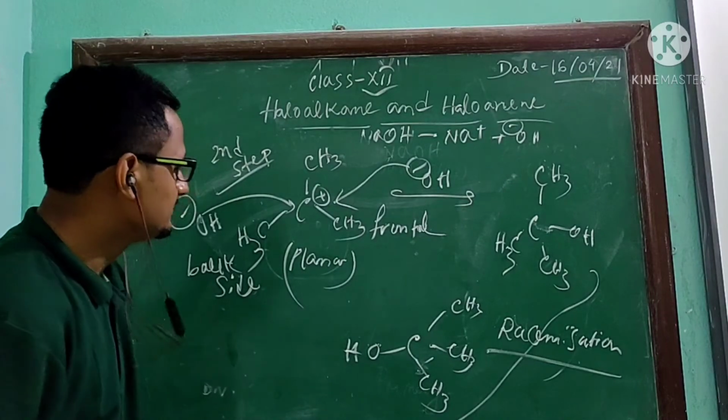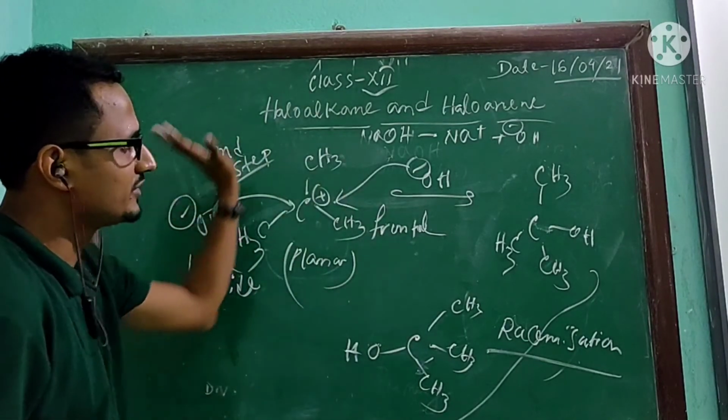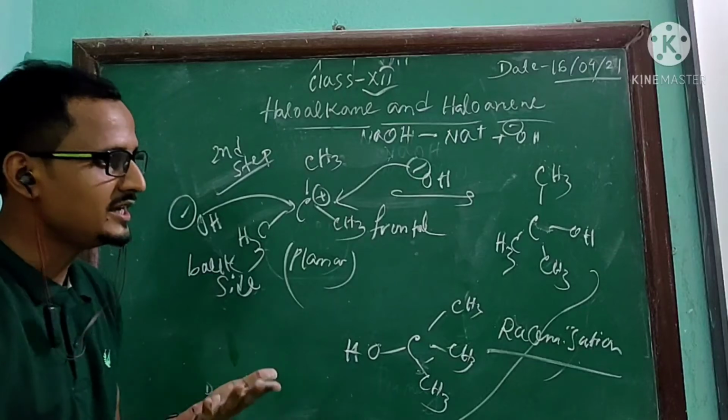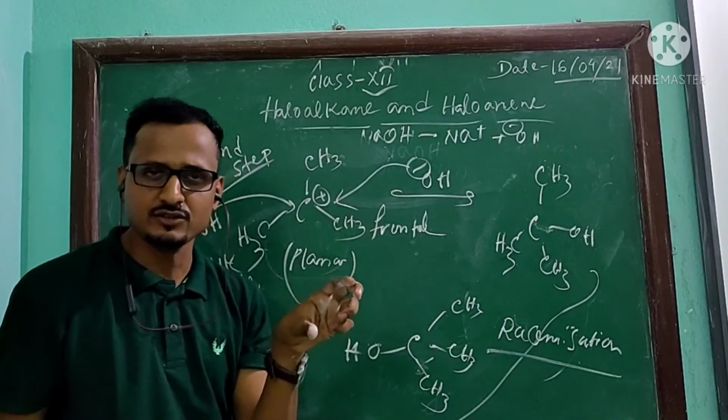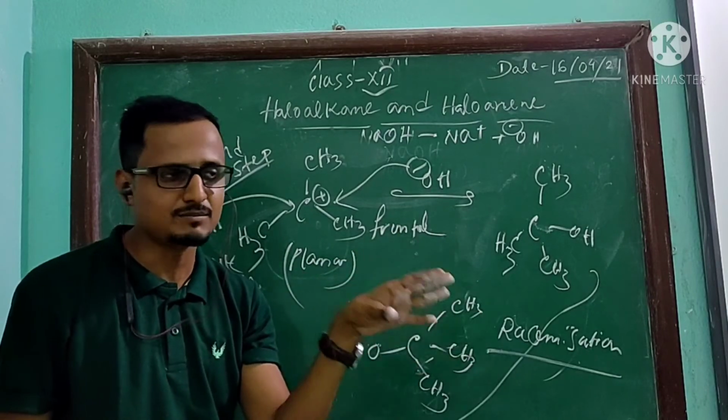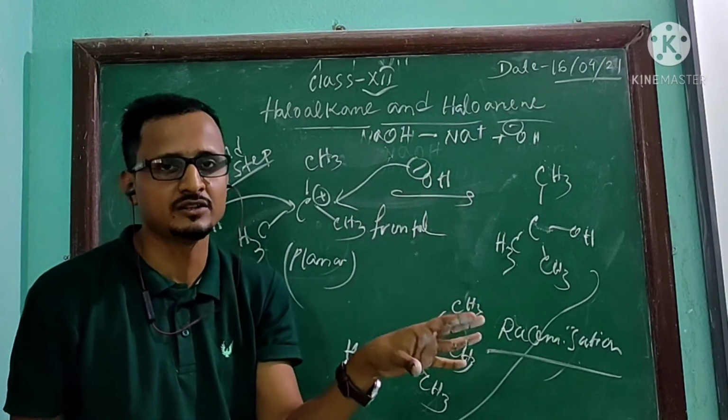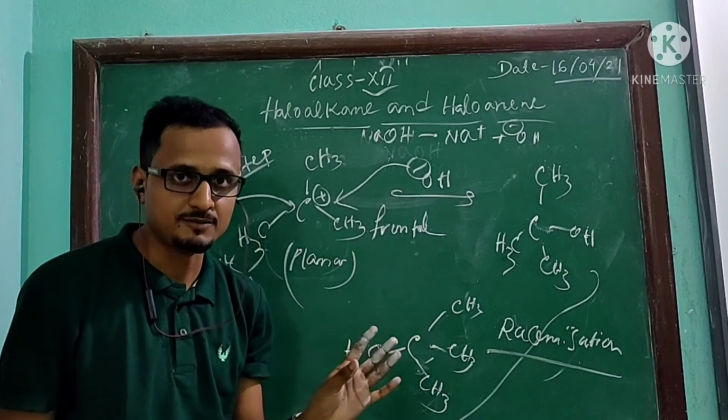Now I think you have understood this detailed mechanism. First of all, it will form a carbocation. The reactant which will participate in the SN1 reaction must form a 3 degree carbocation, a stable carbocation.